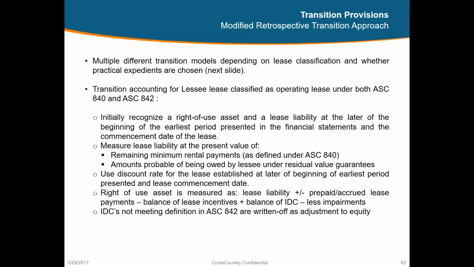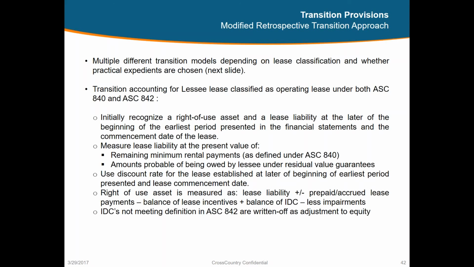Initial direct costs that do not meet the revised definition under topic 842 are written off as a reduction of equity. This model results in a transition balance that is similar to what the balance would have been if topic 842 had applied since the original commencement date of the lease.